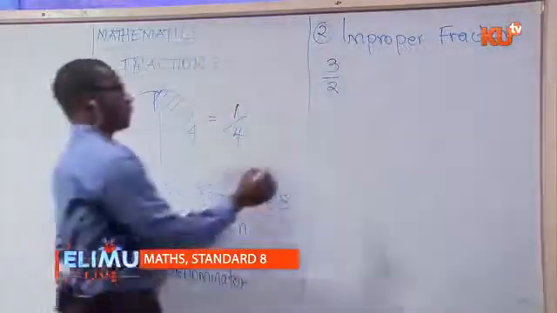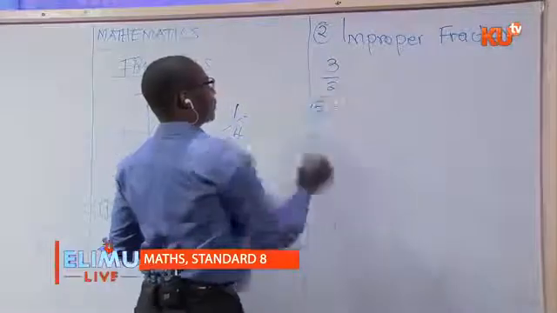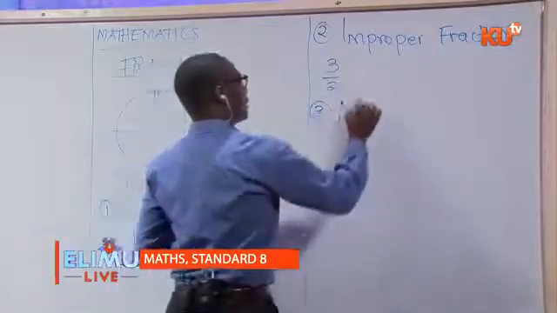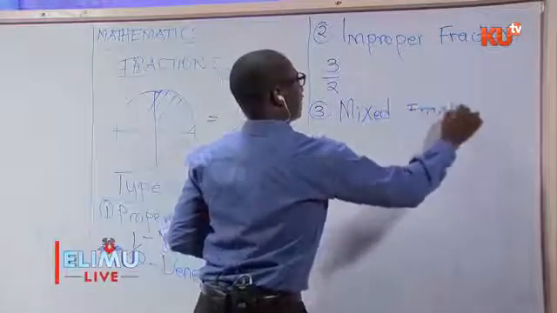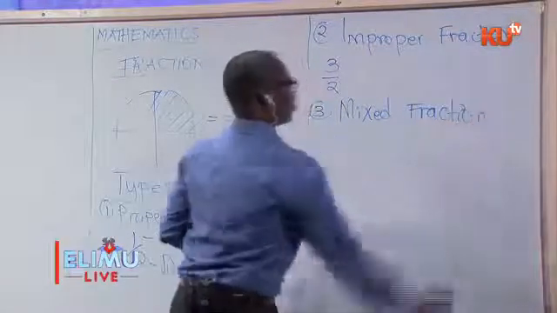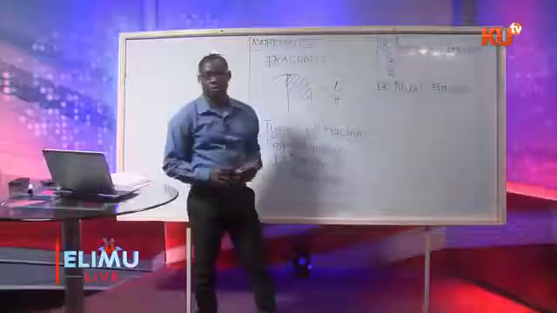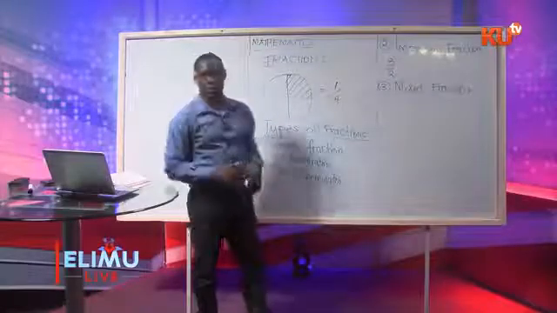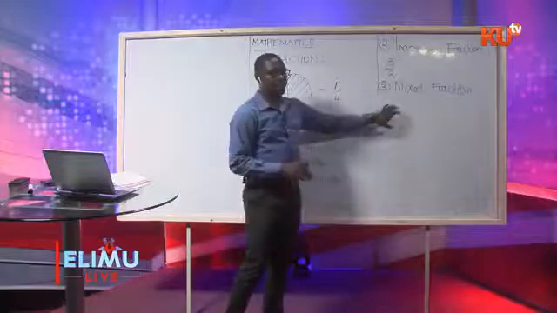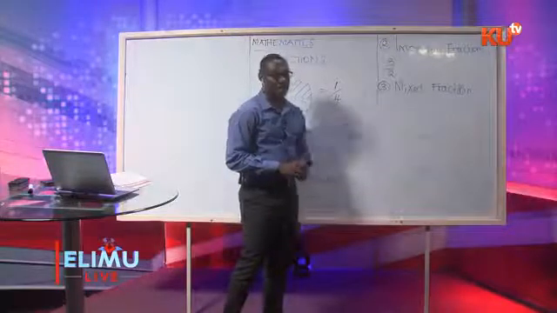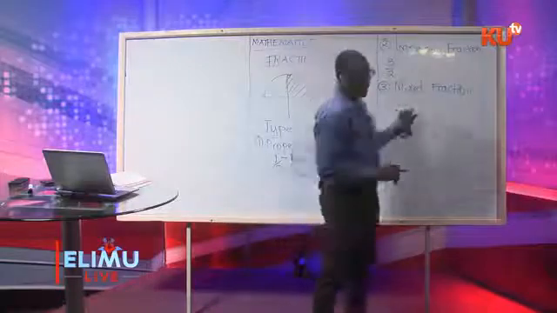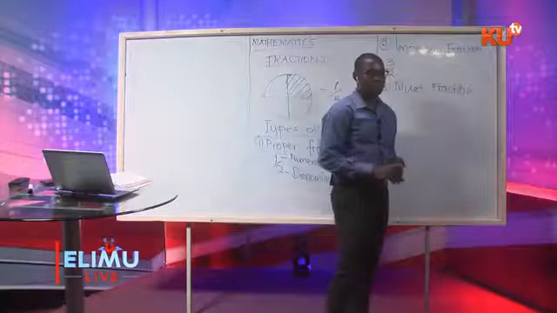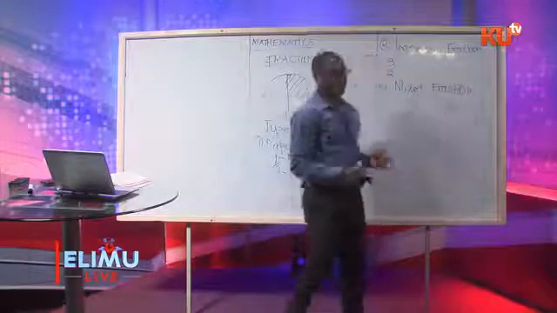The last type of fraction that we can look at is called a mixed fraction. A mixed fraction is a combination of a whole number and a fraction. When you have a combination of a whole number and a fraction, we get what we call a mixed fraction.